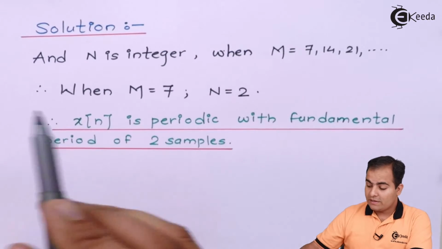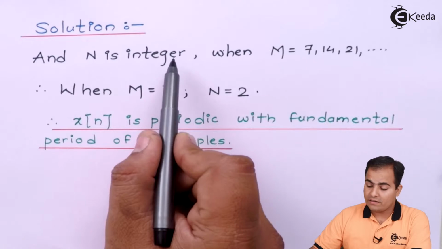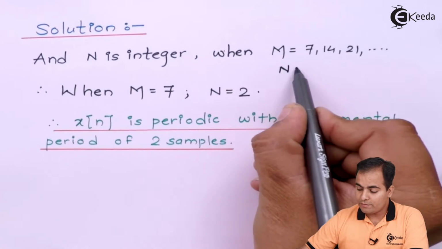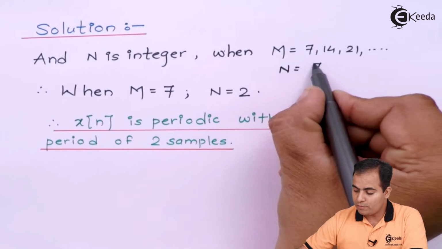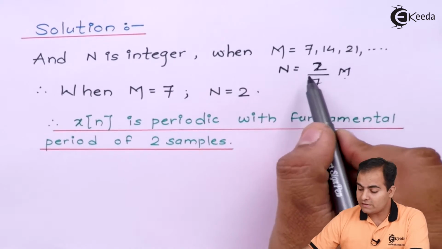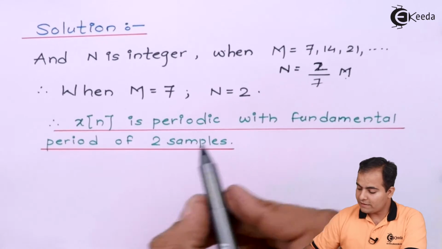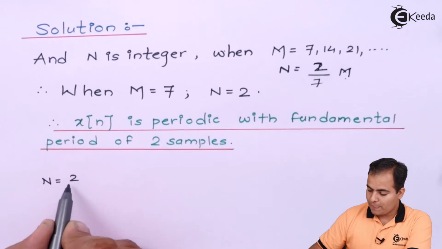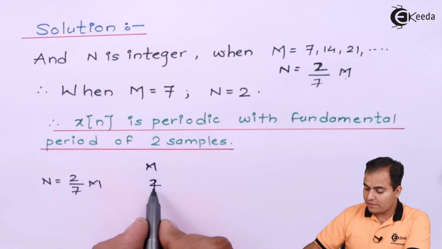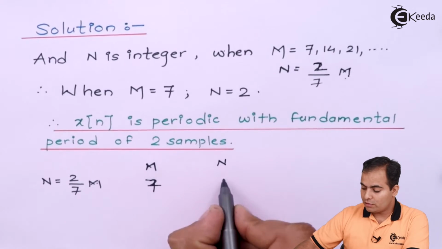Now N must be an integer, and this happens when m is 7, 14 or 21. N is equal to 2 by 7 into m. If I substitute m equals 7, then 7 gets cancelled, and the answer is 2.